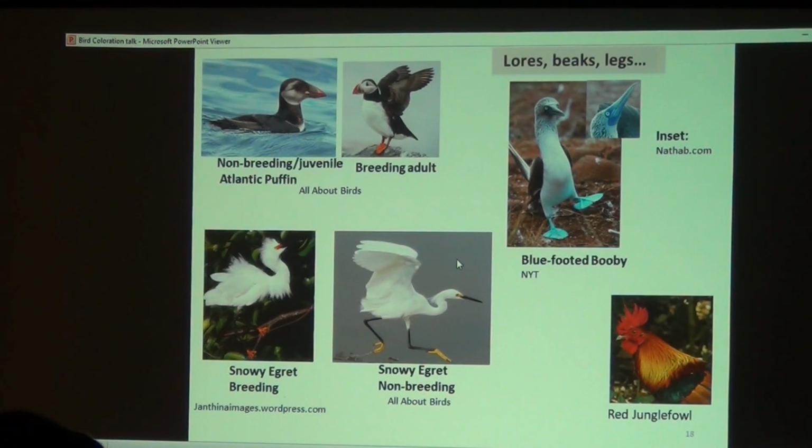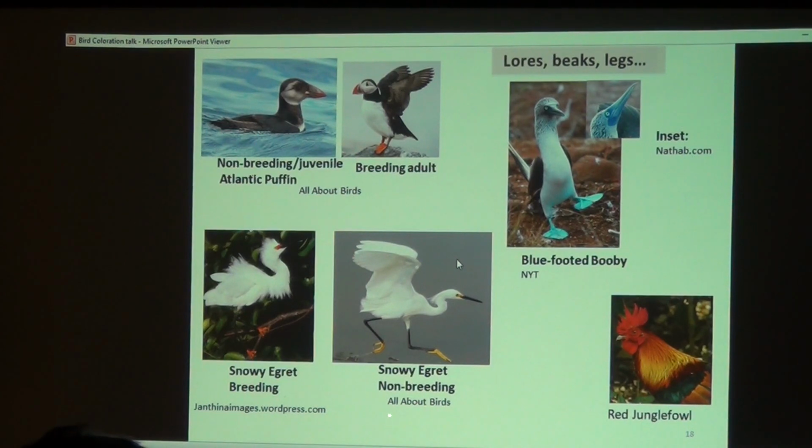And here's an interesting example. This is a snowy egret, and on the left it's in breeding plumage. You can see the wispy feathers in breeding plumage. Also its feet and its lores. The lores are the areas between the eye and the beak, and in this bird it happens to be bright orange.